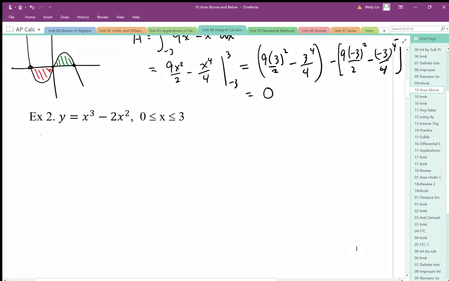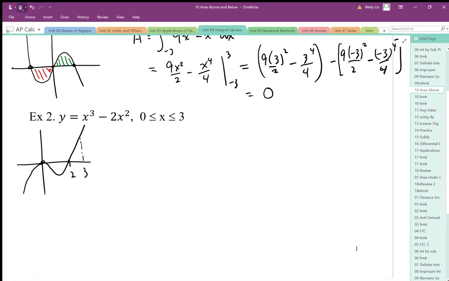Taking a look at this next function here, it looks like we have a 0 at 2, and there's a bounce at 0. It looks like a positive leading coefficient, so I would expect the graph to look something like that. There's 2, and 3 is somewhere around here.